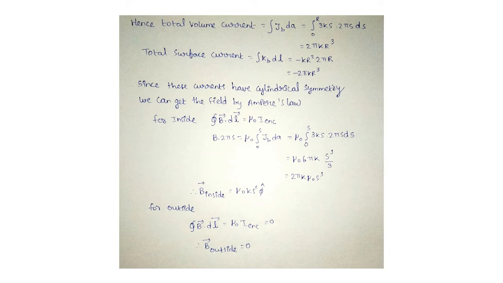Ampere's law for the inside is written as the closed integral B dot dl equal to mu naught I enclosed, so B times 2 pi s, which is the circumference, equals mu naught times the integral from 0 to s of J_b dA. Substituting this, we get 3 k s squared times 2 pi s ds, and by integrating we get 6 pi k s cubed by 3, and the 3 and the 6 combine, and we write B as 2 pi k mu naught s cubed.